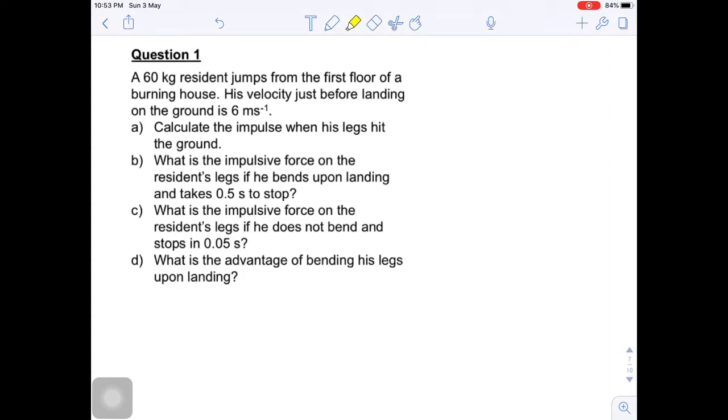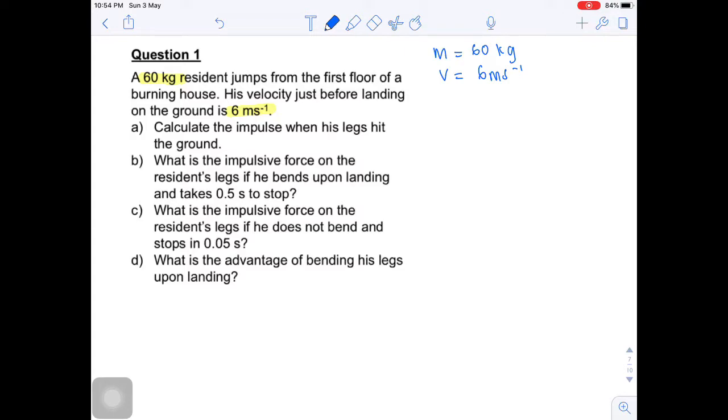Okay, the information given in the question is mass and velocity just before landing, 6 meters per second. So mass is 60 kilograms, and this 6 meters per second velocity just before landing means the final velocity.